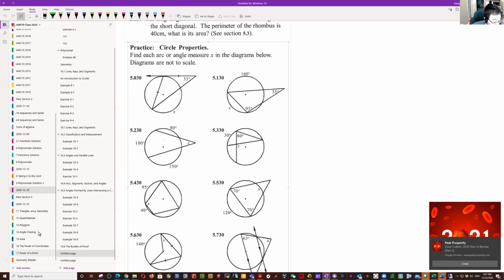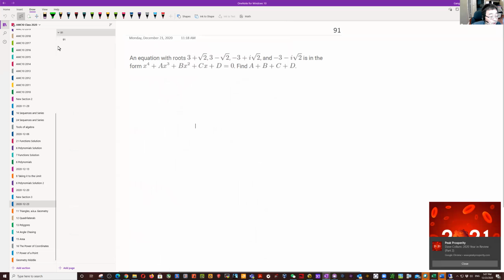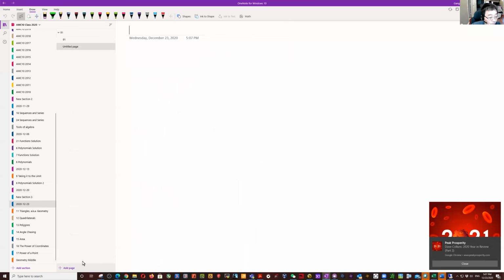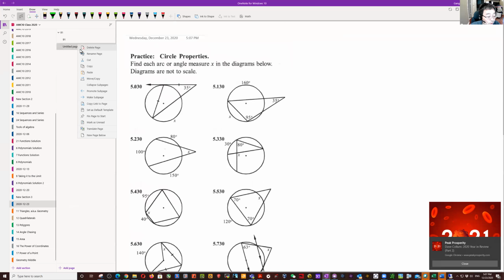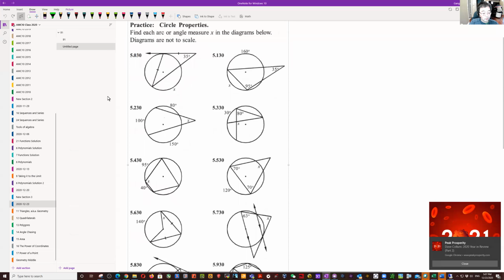Let me just randomly pick two of those problems, for example, the second one. This is 160, so this is the arc from here to here.